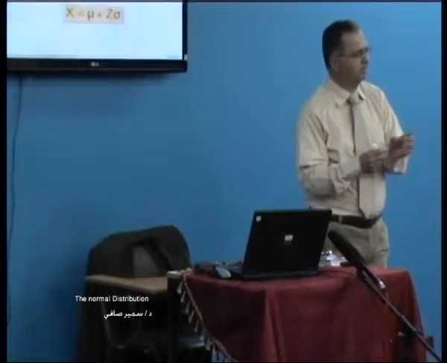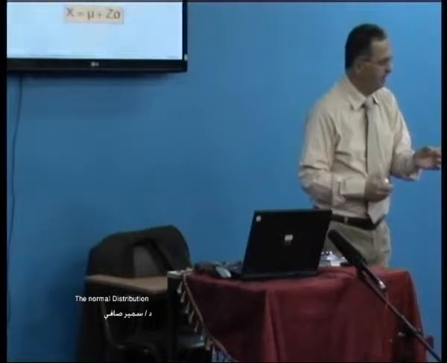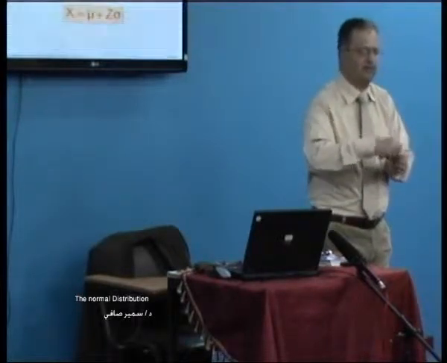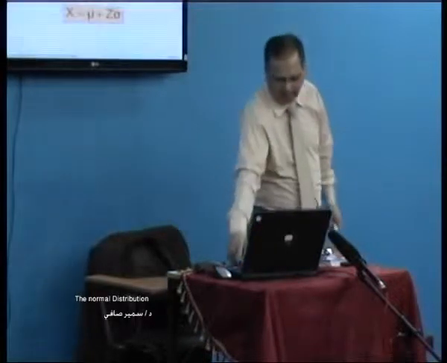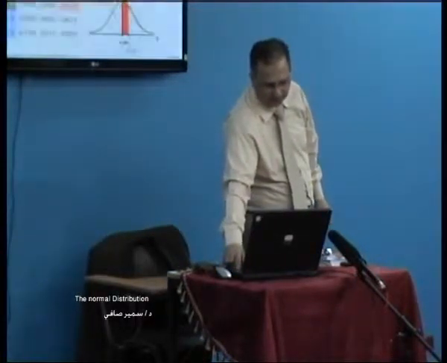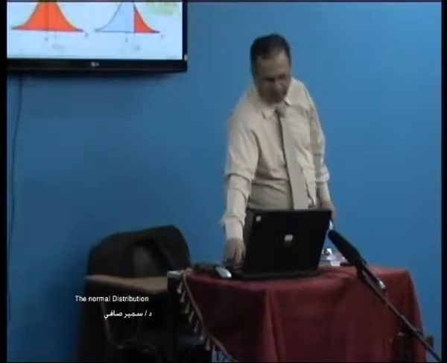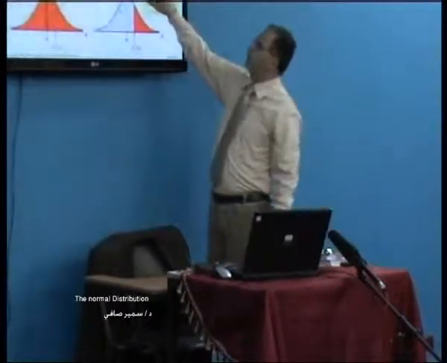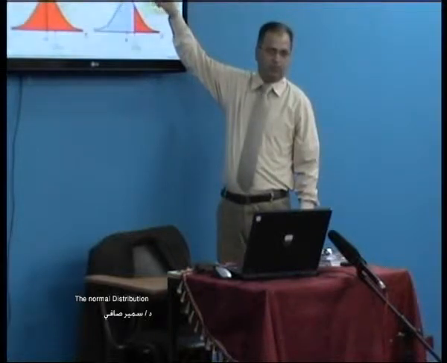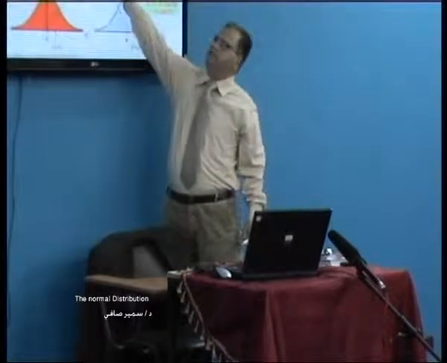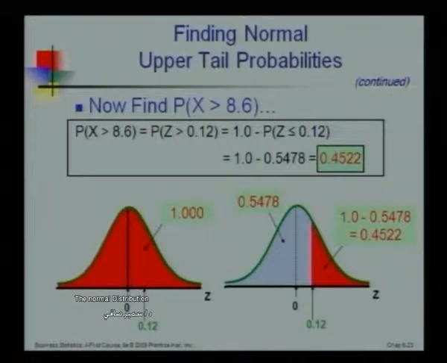Now suppose this probability is given and we are looking to find this value. So the probability is given. The question is, how can we find this value? It's the opposite, sometimes called backward normal calculations.